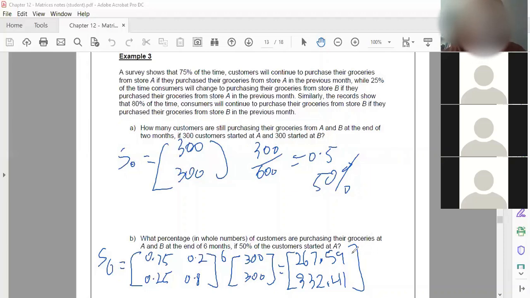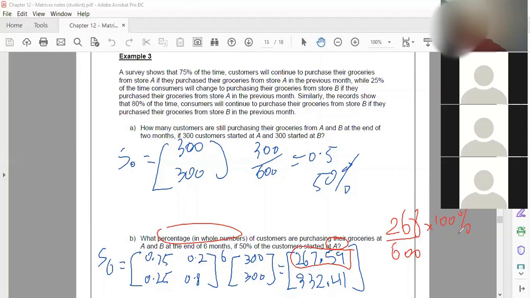And all we really want is A. This is A, 267.59, so 268, but we want it as a percentage, 268 out of 600, because that was the original, and we're going to times it by 100%.